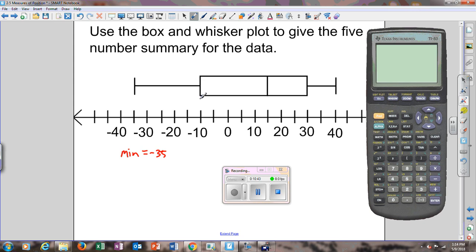We have a Q1, that's at -10. We have a median, that's at 15. You have Q3, that's at 30. And your max is at 40.